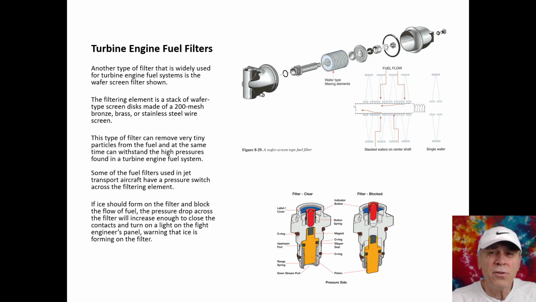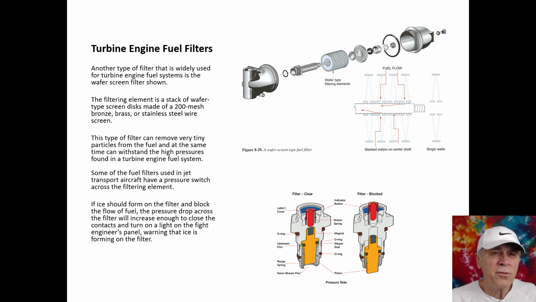Turbine engine fuel filters. Another type of filter that is widely used for turbine engine fuel systems is the wafer screen filter shown. And here's the wafers right there. The filtering element is a stack of wafer-type screen discs made of 200 mesh bronze, brass, or stainless steel wire screen. This type of filter can remove very tiny particles from the fuel and at the same time can withstand the high pressures found in a turbine engine fuel system.